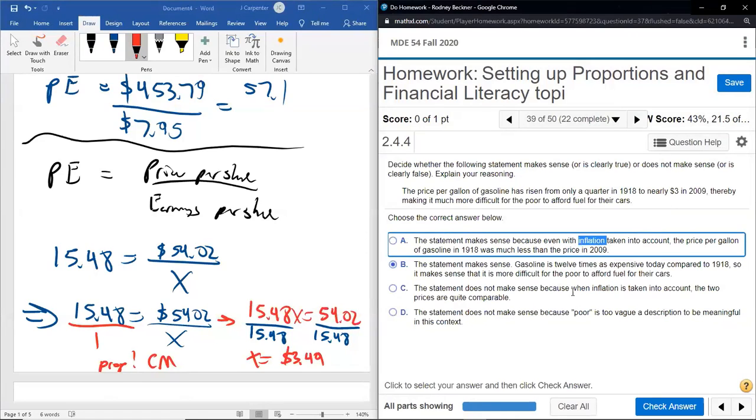C, the statement does not make sense when inflation is taken into account, the two prices are quite comparable. So again, we haven't necessarily looked at prices of things in the past versus now, but I think a lot of you should have at least heard this from your elders or just the news in passing. Like comic books.